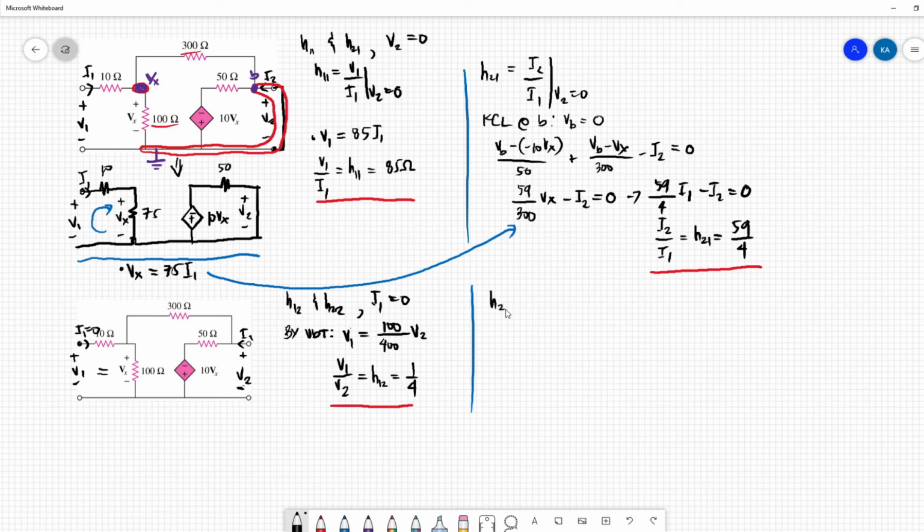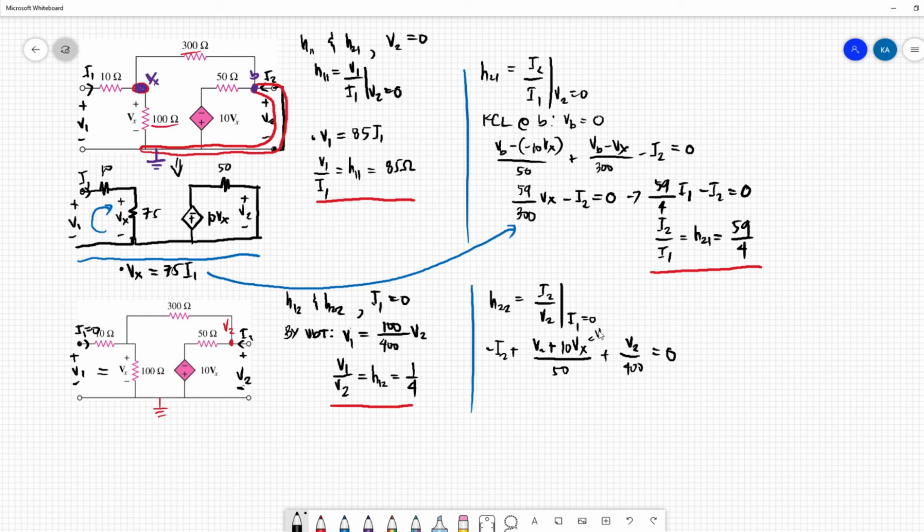Now for our H22 is I2 over V2. So again, we apply nodal analysis. So let's label this as V2, and this is our reference node. So applying KCL at V2, negative I2 plus V2 plus 10 Vx over 50 plus V2 over 400 is equal to 0.